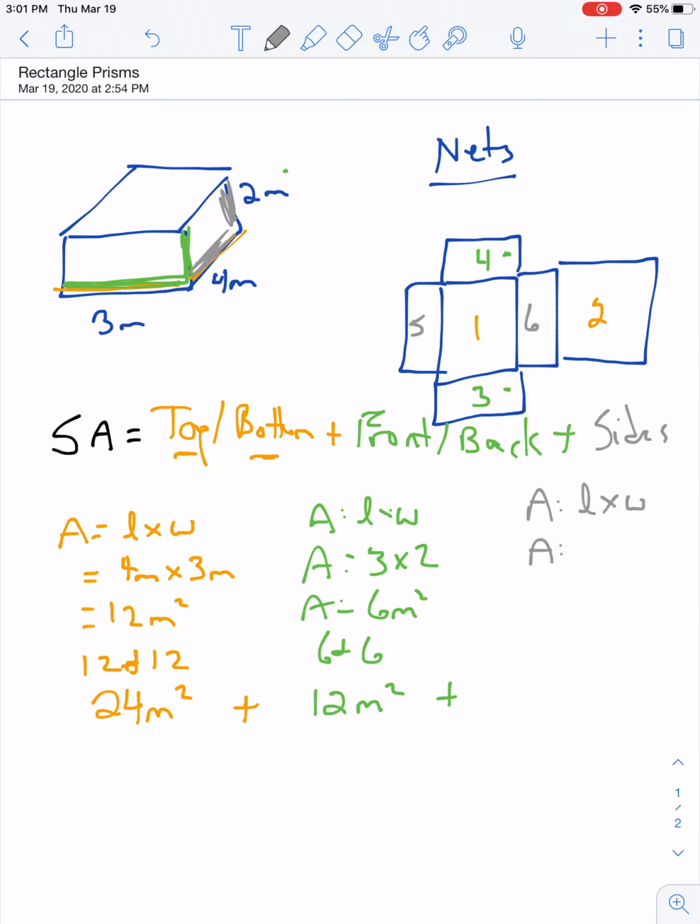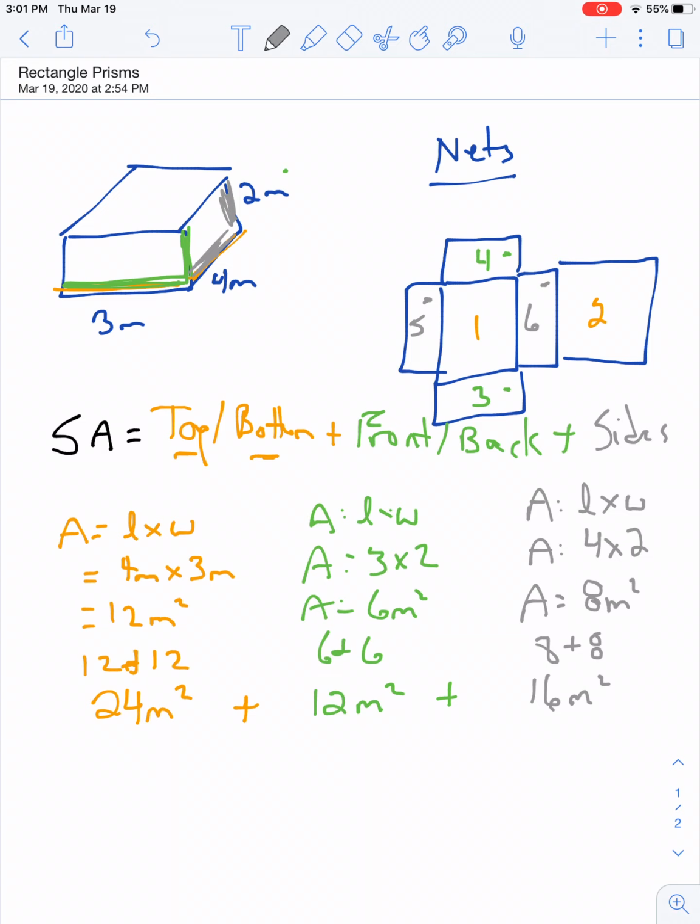My area will be 4 times 2, which is 8 meters squared. That 8 meters squared is happening for both object 5 and object 6, so both of them are the same. So I can go 8 plus 8, or 8 times 2, and I get 16 meters squared.